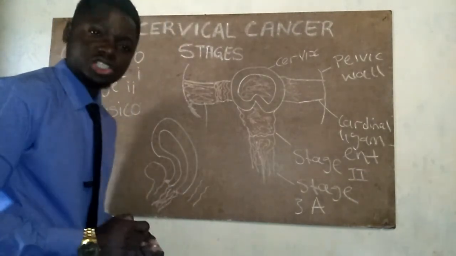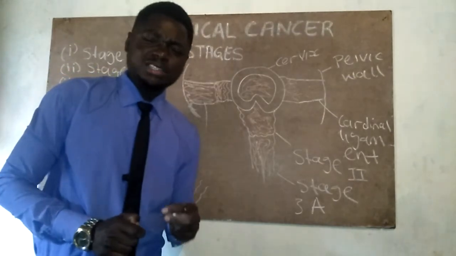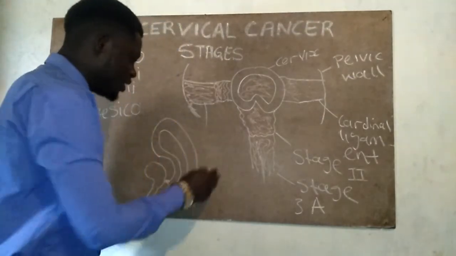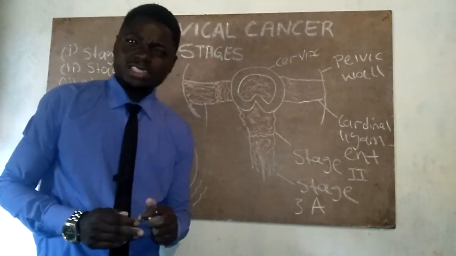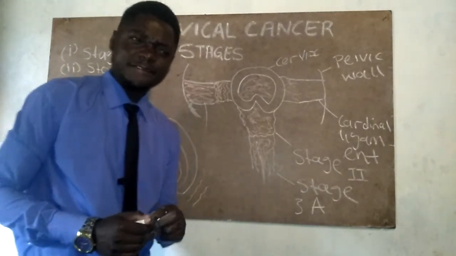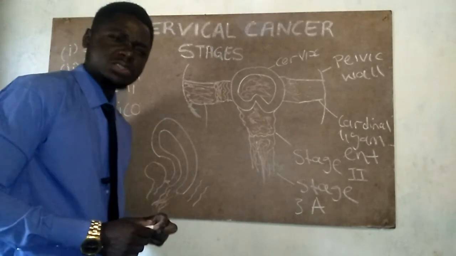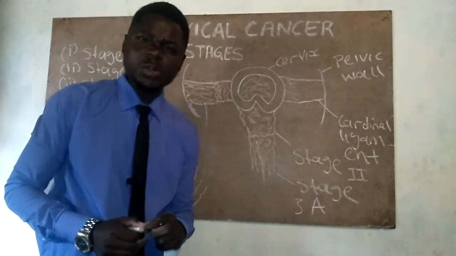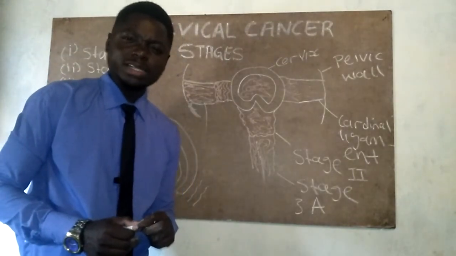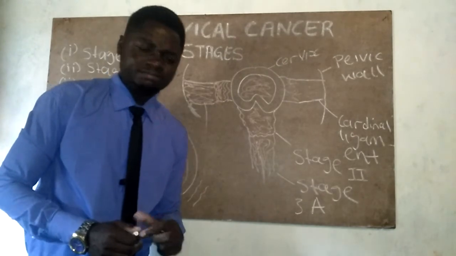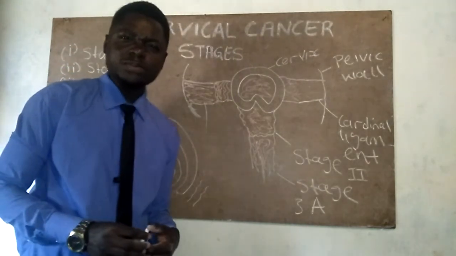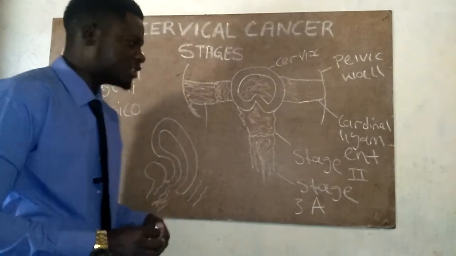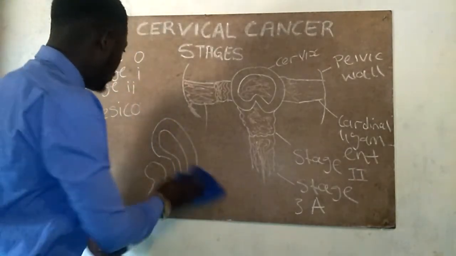So point to note, cervical cancer stage 4A affects only the pelvic organs, but cervical cancer 4B can affect other parts of the body which are further away from the pelvic organs. For example, the lungs, the large intestines, the breast, all those things can be affected in these types of cervical cancer.